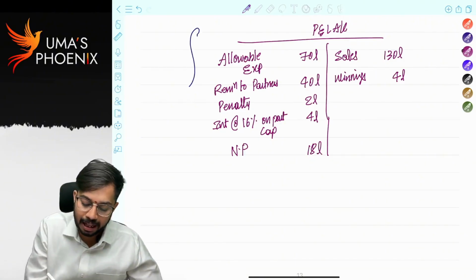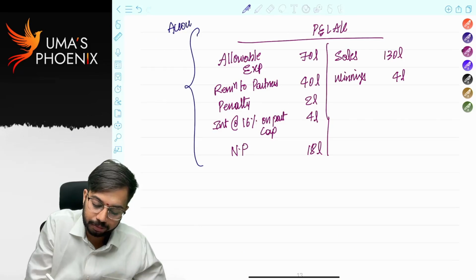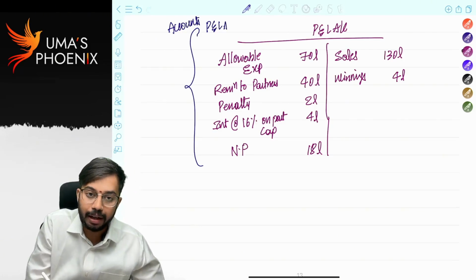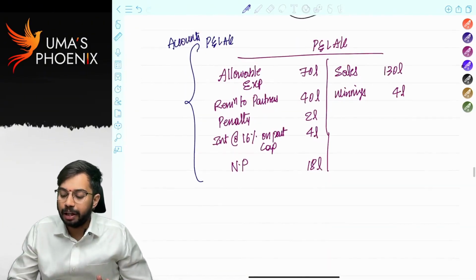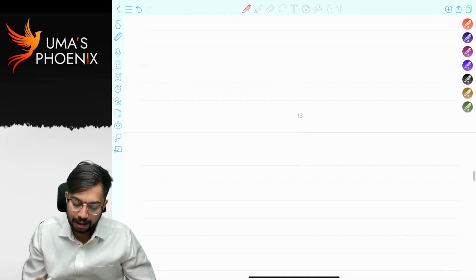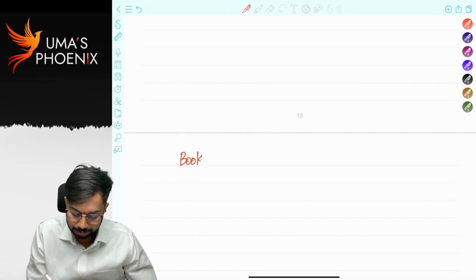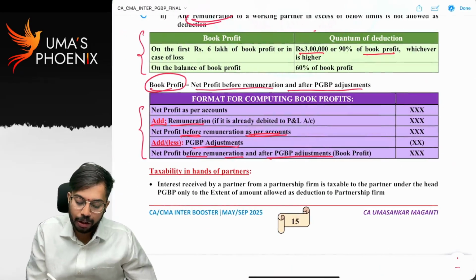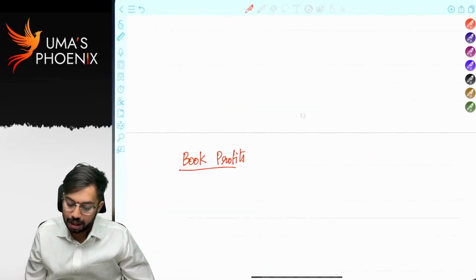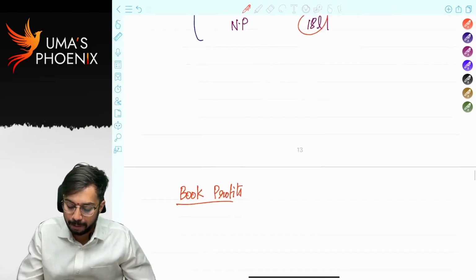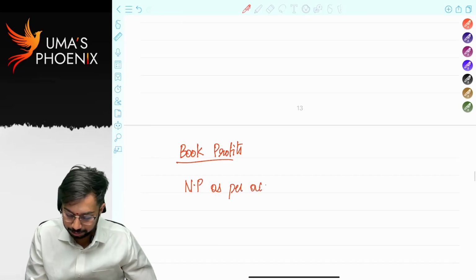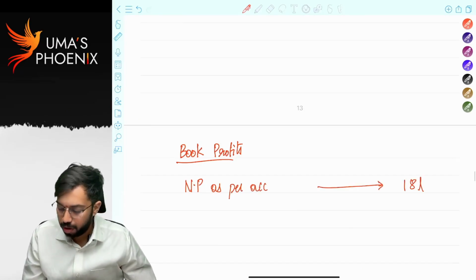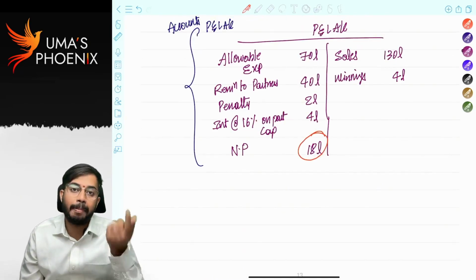So this is basically accounts P&L account. Now we have to calculate remuneration based on book profits. Shall we calculate book profits? What I told, what is the format? You have to take net profit as per accounts. Net profit as per accounts is equal to 18 lakhs. To that, what you need to do? You need to add back remuneration.